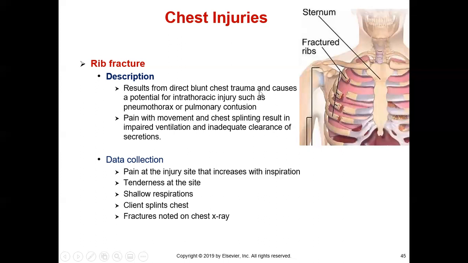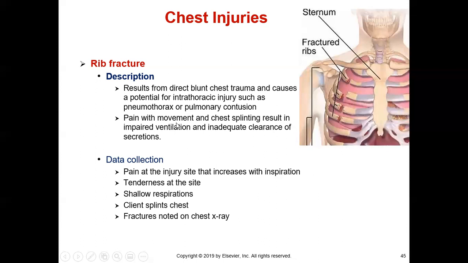So the chest injuries, because of the fracture of the ribs, result from direct blunt chest trauma and cause a potential for intrathoracic injury, such as pneumothorax or pulmonary contusion. So the ribs are broken, the lung is injured and penetrated, air is inside the pleural space, and pneumothorax develops, or pulmonary contusion.